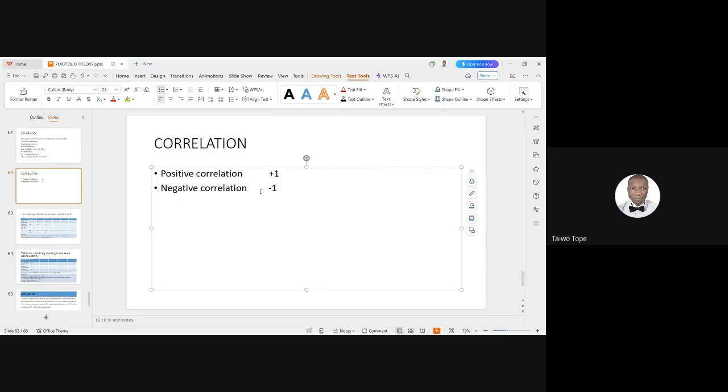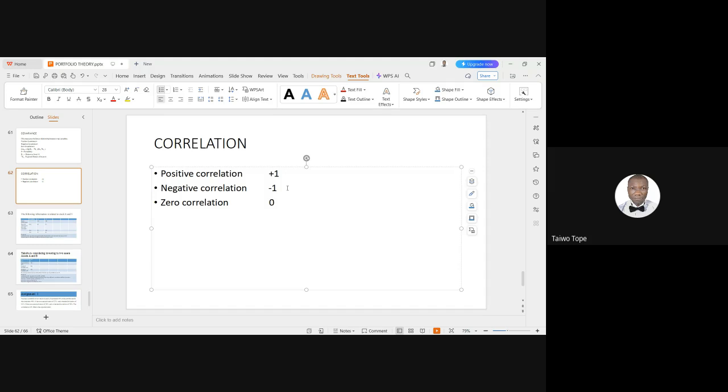Also, you can have zero correlation. When you have zero correlation, what is happening in this case? It means there is zero relationship between two investments.